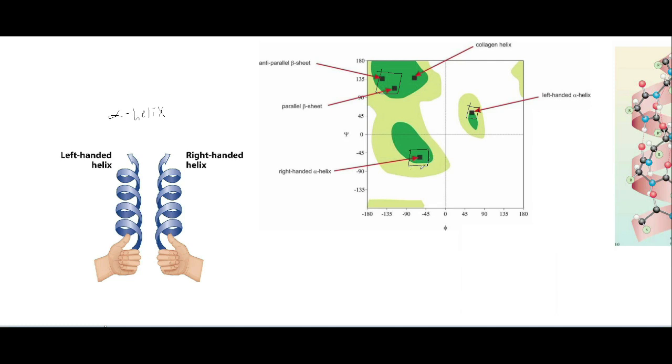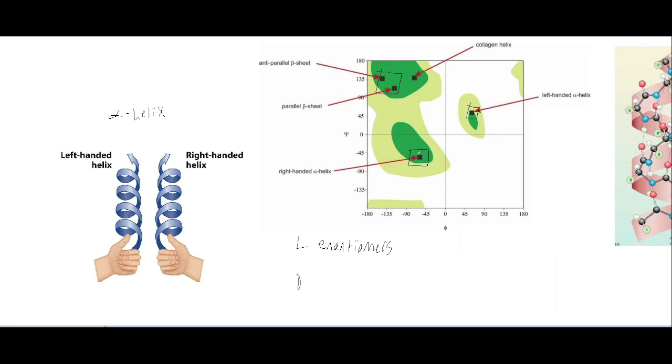I said in the previous video that amino acids are chiral molecules, and the chirality is what determines why the dihedral angles here cause a right-handed helix, and the dihedral angles here cause a left-handed helix. If our amino acids were instead the D enantiomers, the dextrorotatory, then this would actually be the opposite.